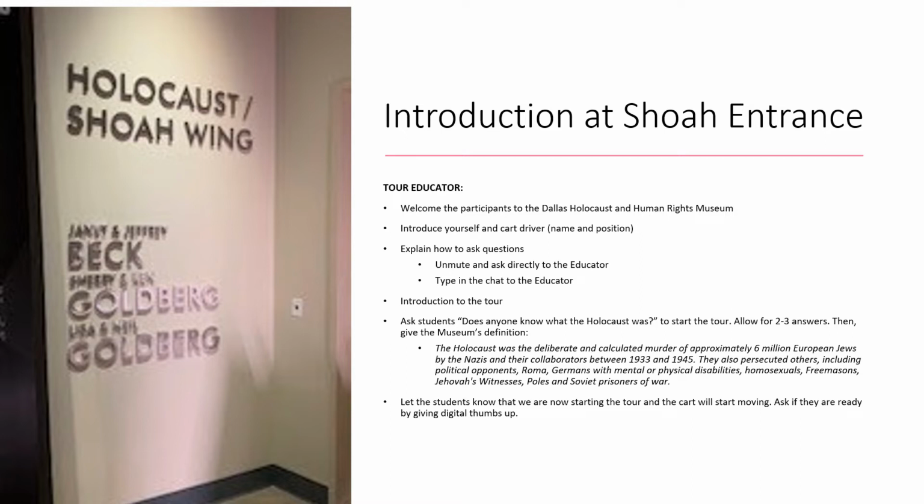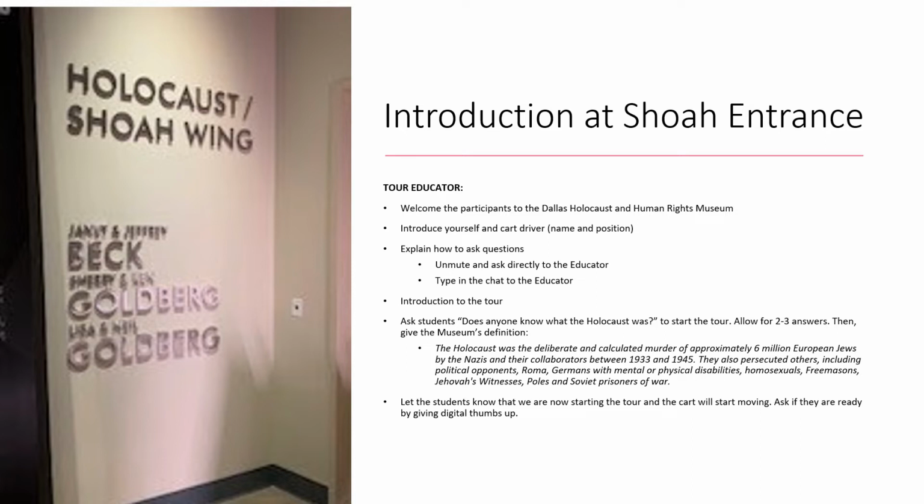Explain that this is a really interactive tour and you want to hear their feedback and you want to hear their questions, and they can do so in two ways. The first way is to unmute and ask directly to the educator. Remember, you're wearing a headset, so if a student unmutes, you can hear their question directly in your ear. The other way that they can ask a question is to type the question into the chat.